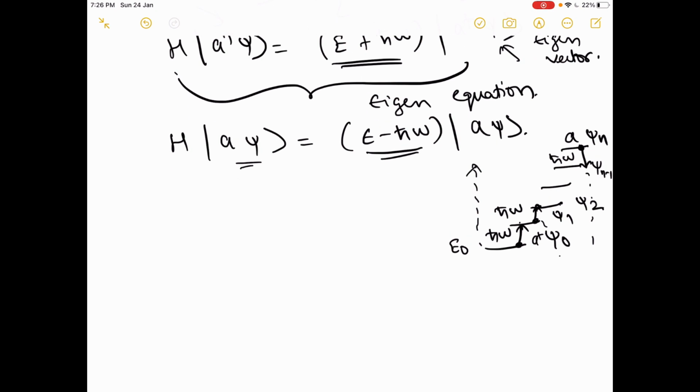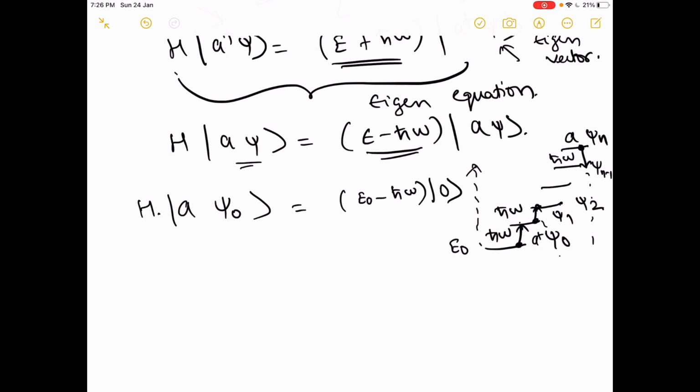So if A acts on psi naught, what do we get? I cannot have an energy smaller than E naught by h cross omega, because E naught is the ground state. I don't have any other states with energy lower. The only way this can happen is if it goes to a zero state, right?